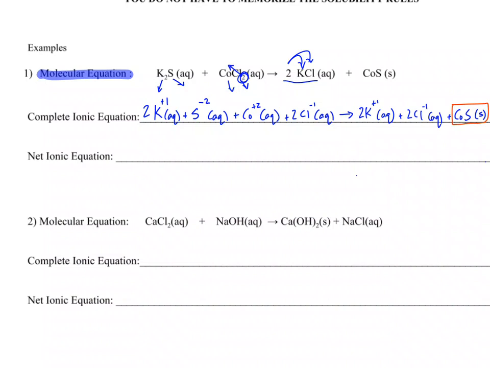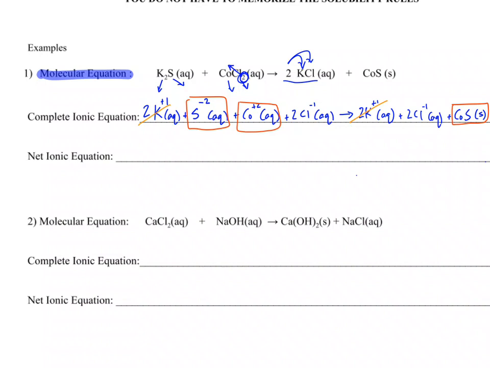Now, to figure out what formed cobalt sulfide, I need to look on the reactant side, and I know that I needed cobalt, obviously, and sulfur, which basically means everything else is extra stuff that's not important to the equation. So things like 2 potassiums here, 2 potassiums here.